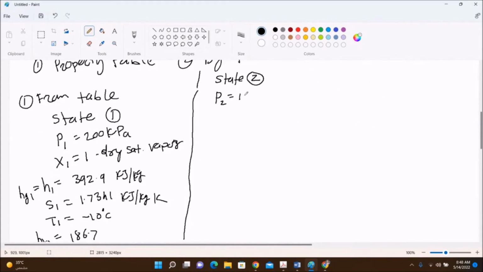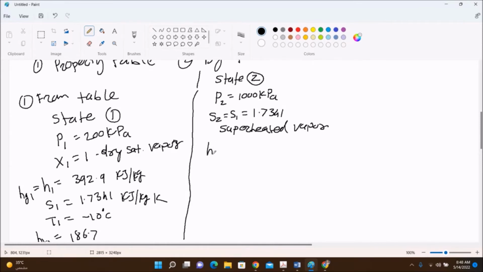P2 is equal to 1000 kilopascal and S2 is equal to S1 is equal to 1.7341, superheated vapor. So go to the superheated vapor at 1000 kilopascal and S equal to 1.7341.